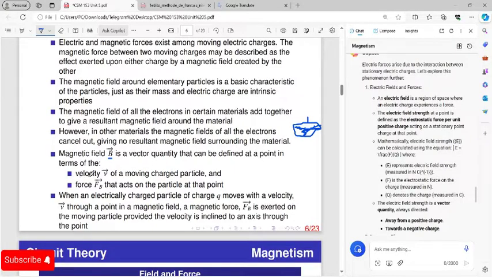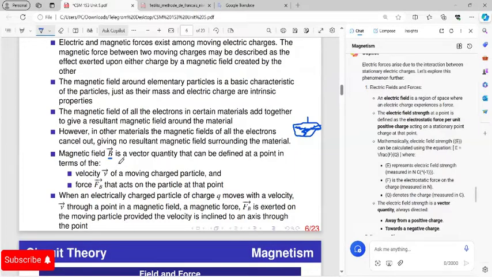Here that's what he's trying to tell us, that the magnetic field of this magnitude is a vector quantity that can be defined at a point in terms of the velocity, the displacement over time.